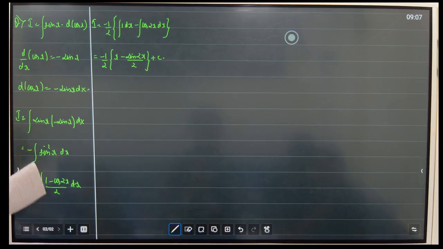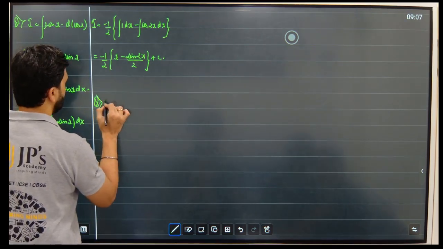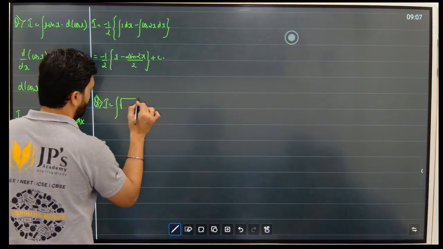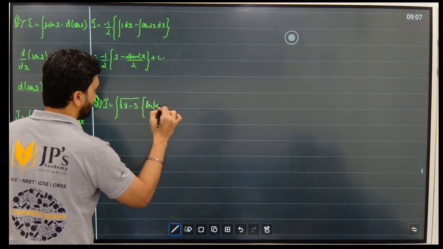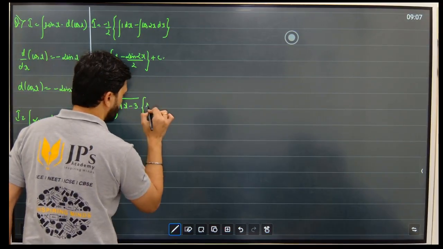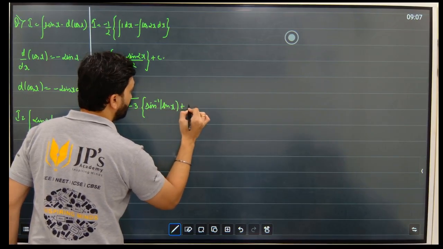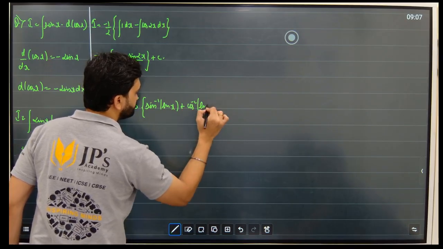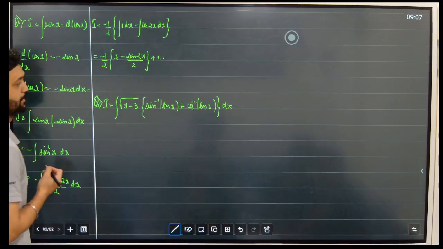Now, if I solve the next question, that is I is equal to integration root of x by 3 ln of sin inverse ln x plus cos inverse ln x dx.